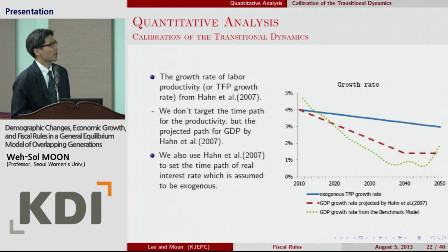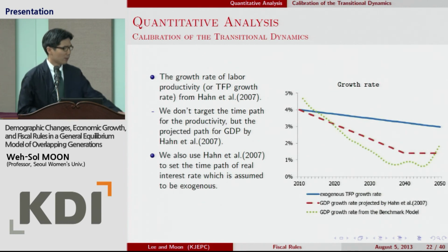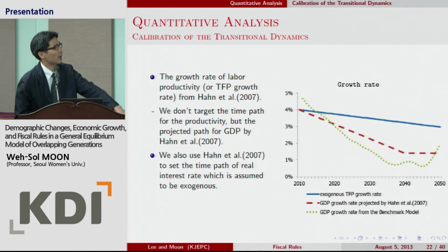Growth rate. Actually, we can't calibrate the TFP growth rate directly because nobody knows the path. So we use Jinny Han et al. 2007. They make some projections of the TFP growth rate and GDP growth rate. We just use the GDP growth rate and then recover the TFP growth rate from our model.